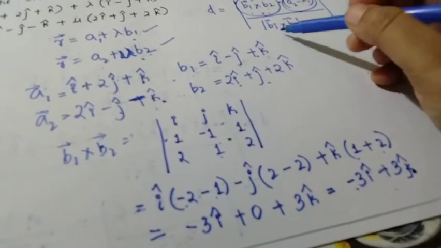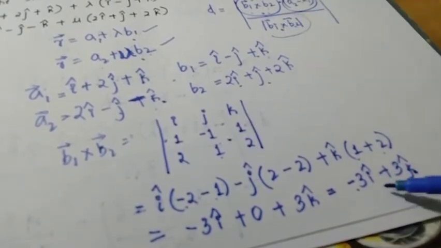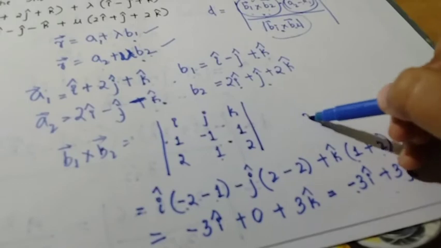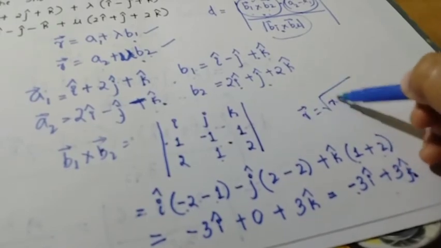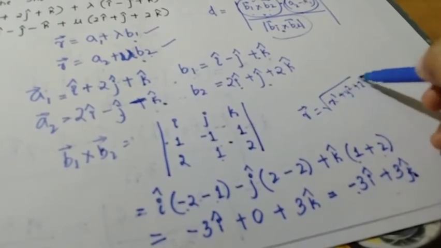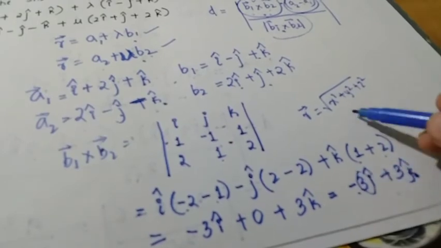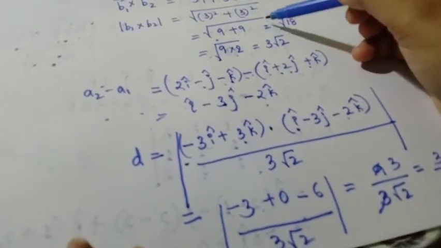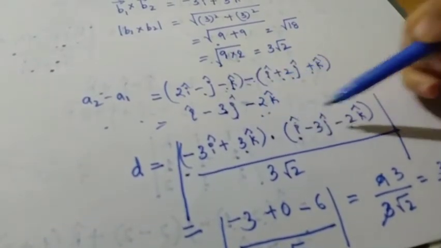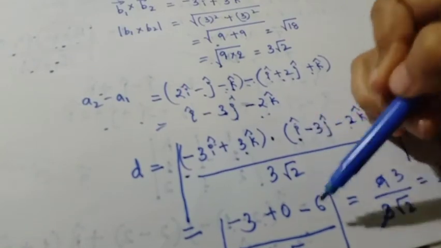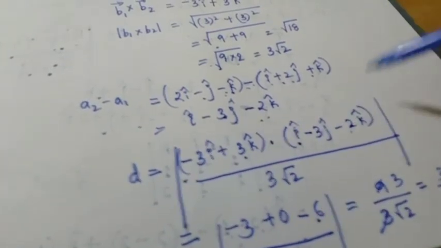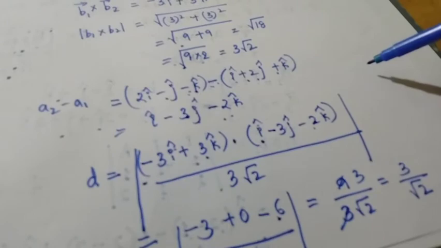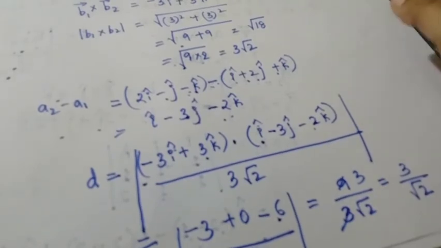To take the modulus, it is the root of x square plus y square plus z square. So 3 square plus 3 square, because there is no y coefficient in this. So you get 3 root 2 units. Next, you do a2 minus a1 and get that product. Then substitute in the formula to get the value of the distance. These are the steps you have to follow.